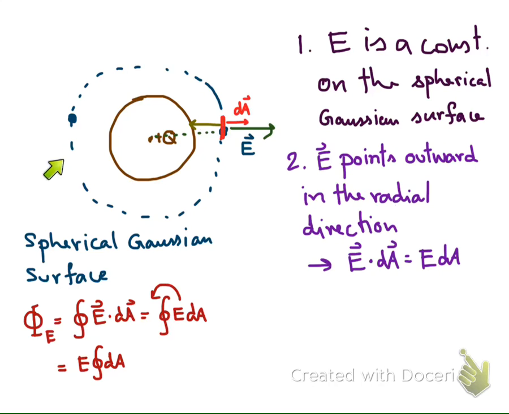Again, integral dA is equal to the surface area of the Gaussian surface, and in this case, it is a spherical Gaussian surface. So we have E times 4 pi r squared, where r is the radius of the spherical surface.